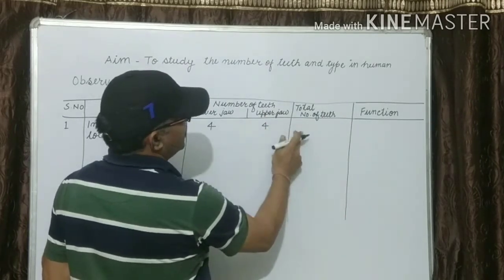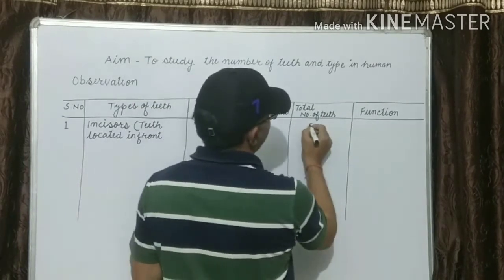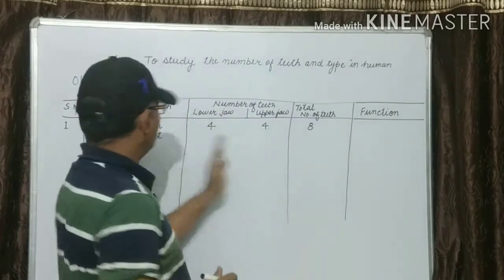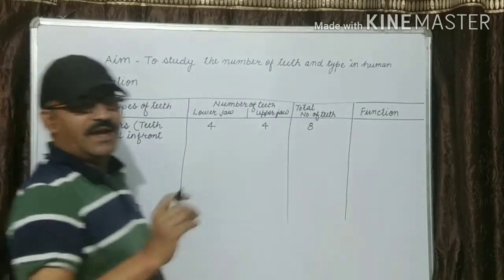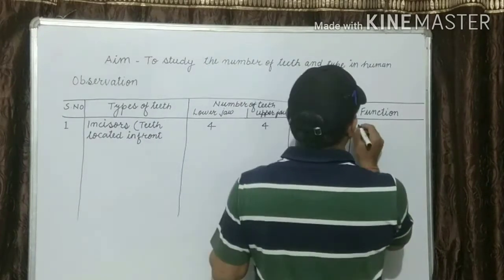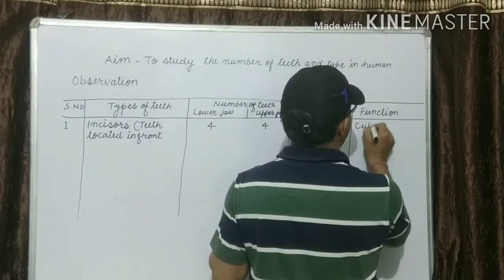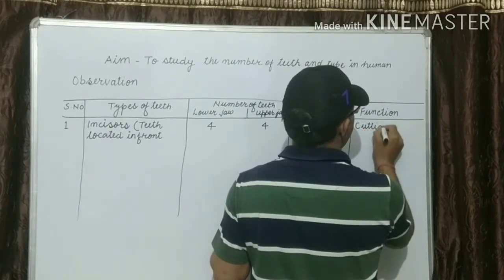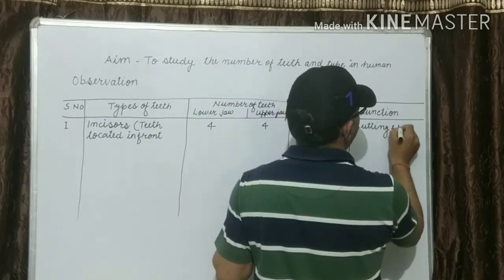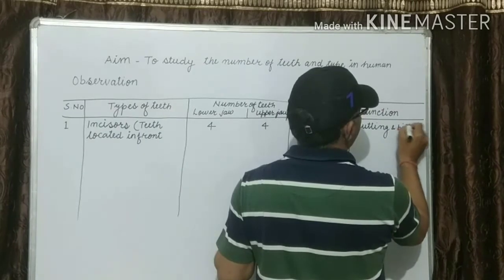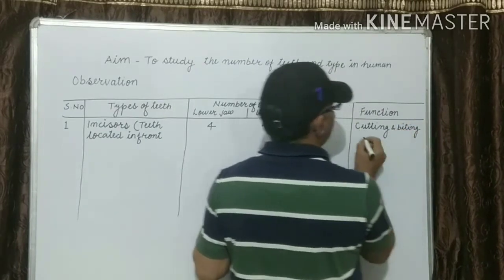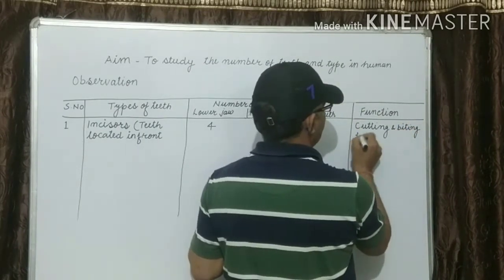What is the total number? 8. What is the function of incisors? They help in cutting and biting the things. Cutting and biting food.